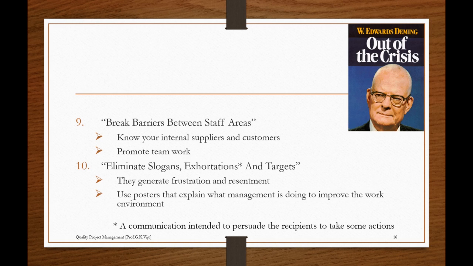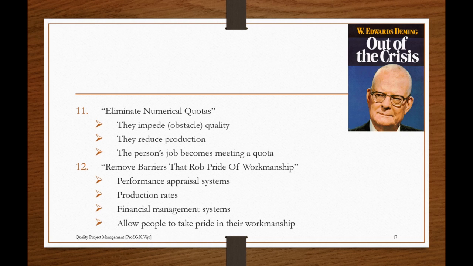Then comes eliminate numerical goals or slogans. Management should inform their people exactly what you want. Don't make them guess. Excellence in service is memorable and short, but what it means and how it is achieved, the message is clearer than in a slogan like 'you can do better if you try.'